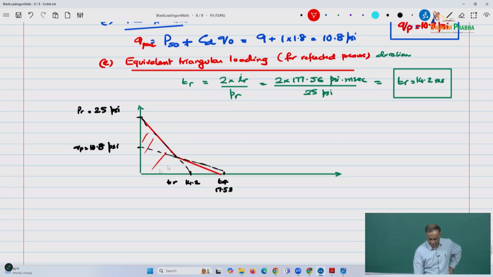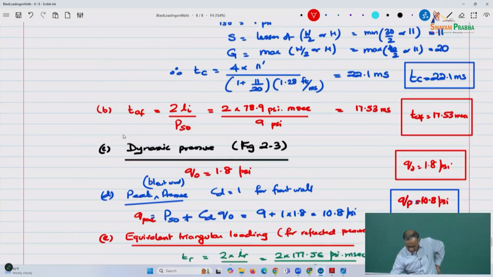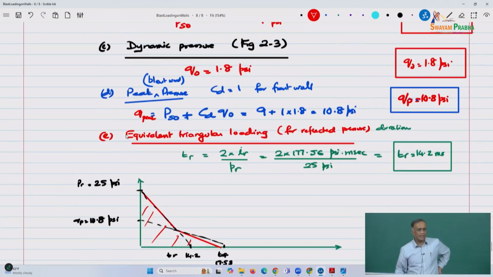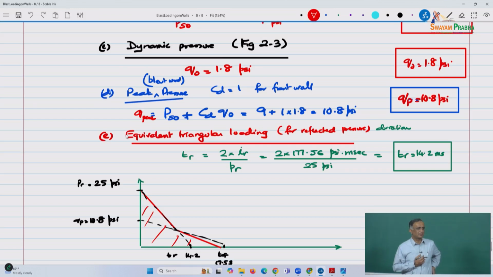Your impulse is going to be... and TC we calculated how much? So TC is, now you might find this situation, right? What's the problem with TC in this calculation? It's more than TOF.